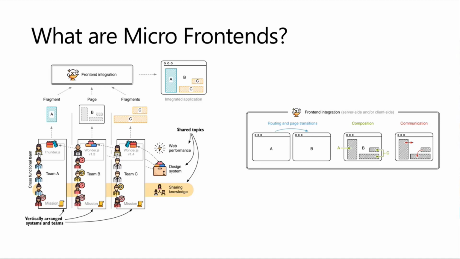So in this example, you've got, let's say, 3 teams, and each team contributes a part. The first team, Team A, and the third team, Team C, just contribute some fragments, whereas Team B takes care of, I would say, the application shell, and maybe even parts of the content there, right? And this Team B then uses the fragments coming from the other 2 teams.